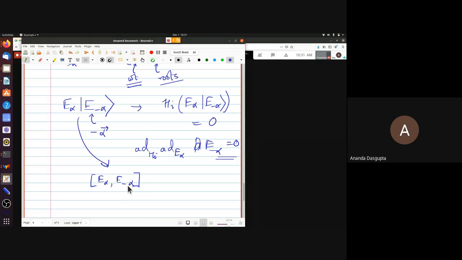E alpha, E minus alpha commutes with hi for all the hi's. Same eigenvectors. Eigenvectors will be same, like simultaneous eigenvectors. No, this is already a simultaneous eigenvector of all the HIs, but they are simultaneous eigenvectors corresponding to eigenvalue 0. So what does it tell you about this specifically? Something which commutes with every Cartan generator.